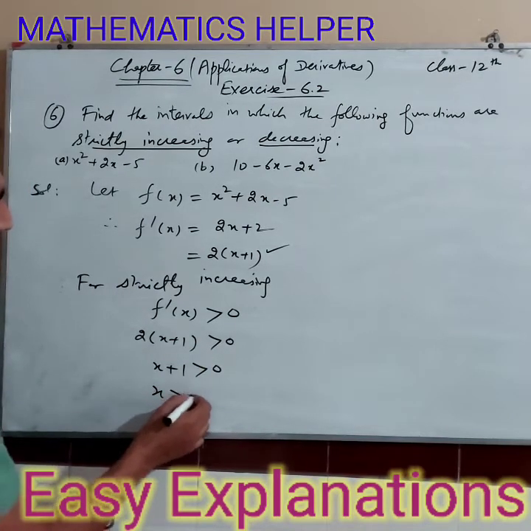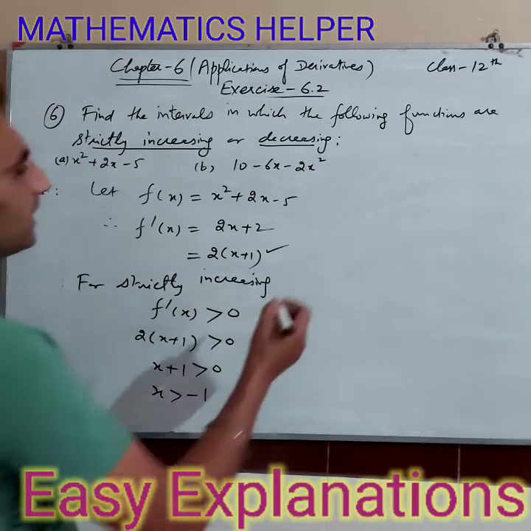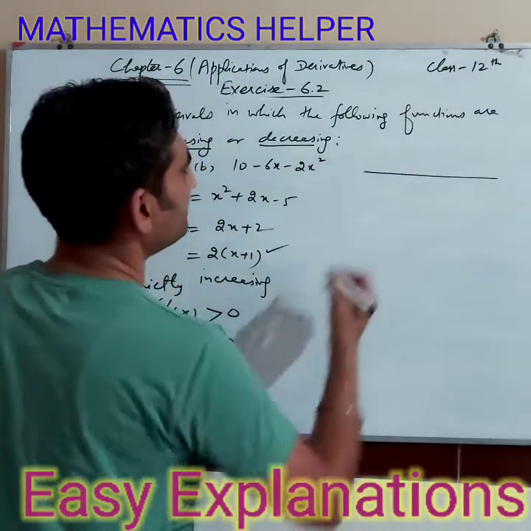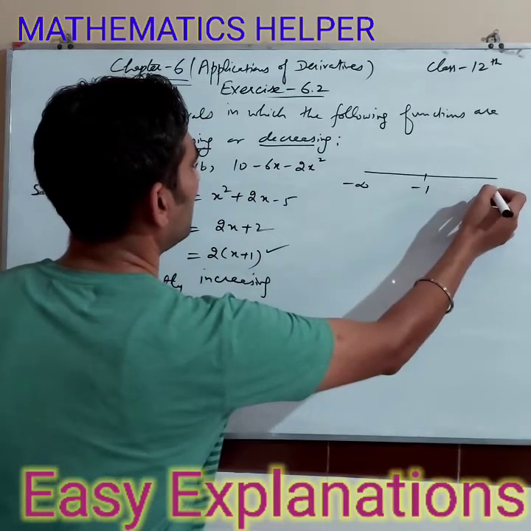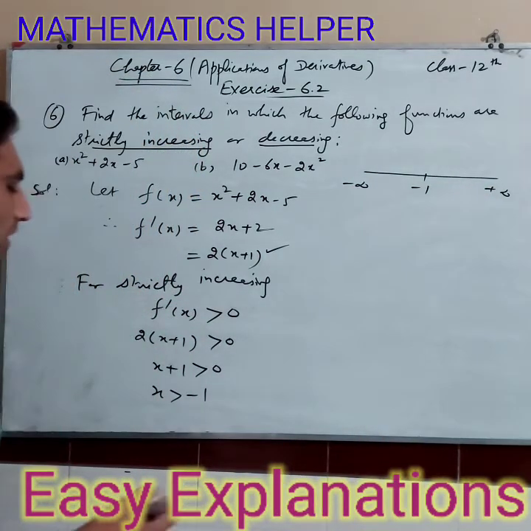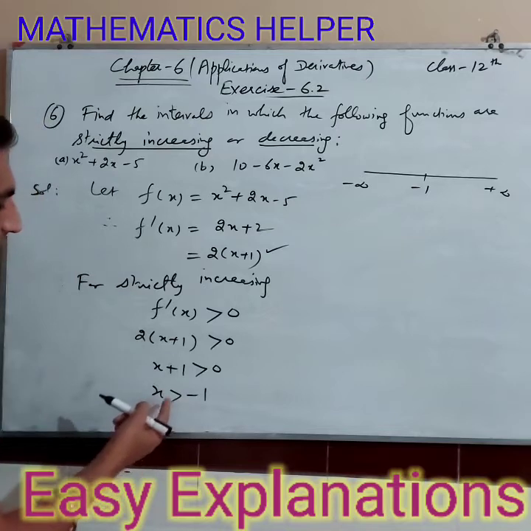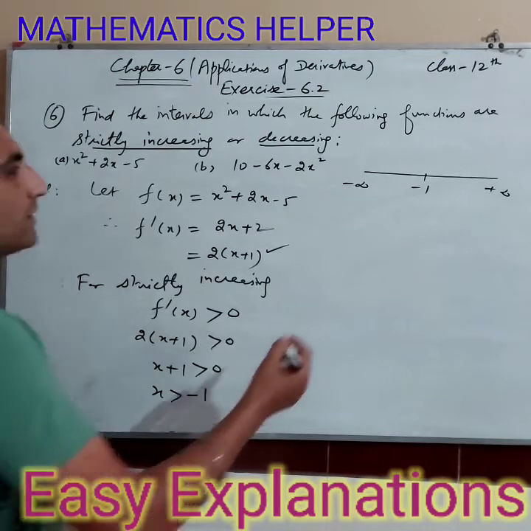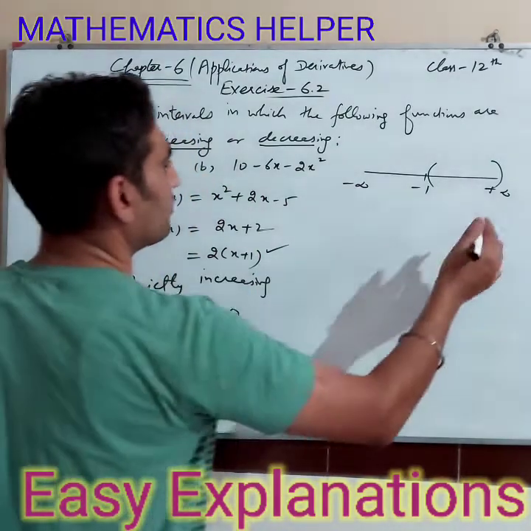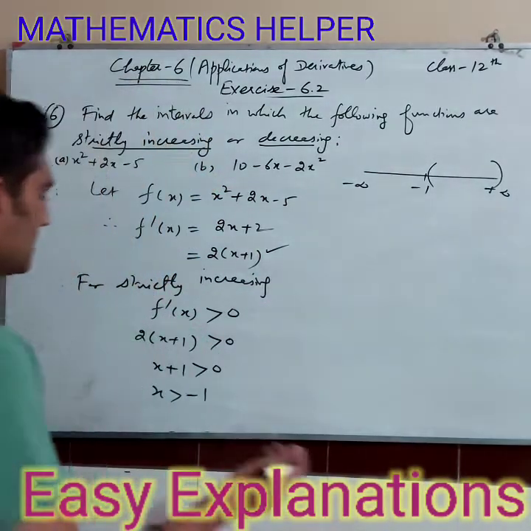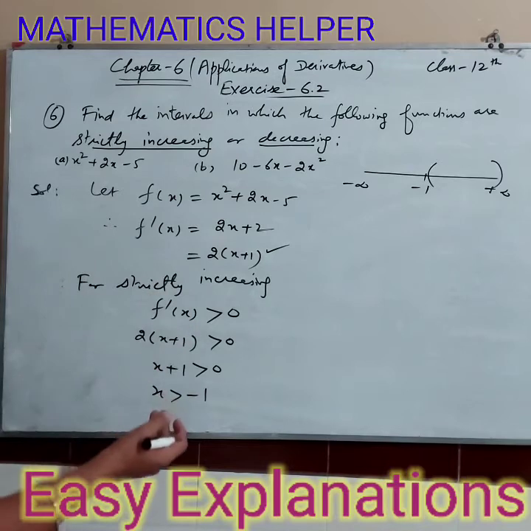In the end, x greater than minus 1. So on the real number line, if I mark minus 1, here minus infinity and plus infinity, for numbers greater than minus 1, what are the numbers greater than minus 1? These numbers from minus 1 towards plus infinity. This function is strictly increasing.